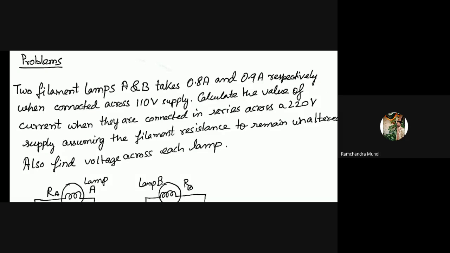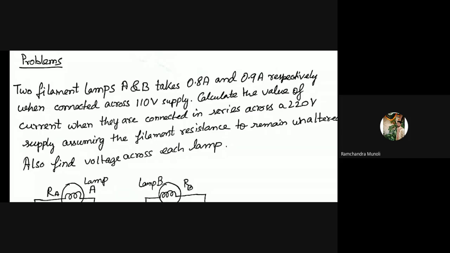Means they have asked us, okay, for these two lamps, in the first statement we know that 110 volt is the supply voltage and they take the currents 0.8 and 0.9 respectively. Then for both lamps we can calculate the filament resistance, right? The resistances we can calculate.